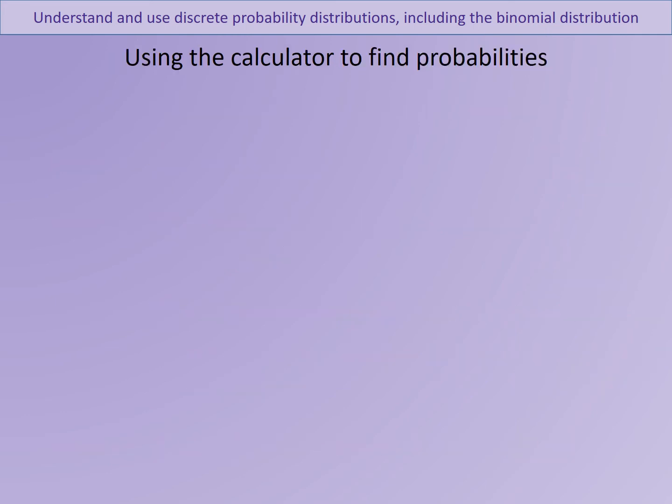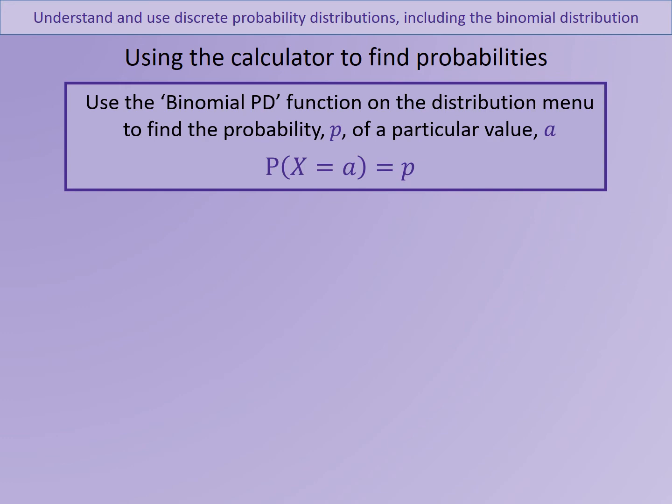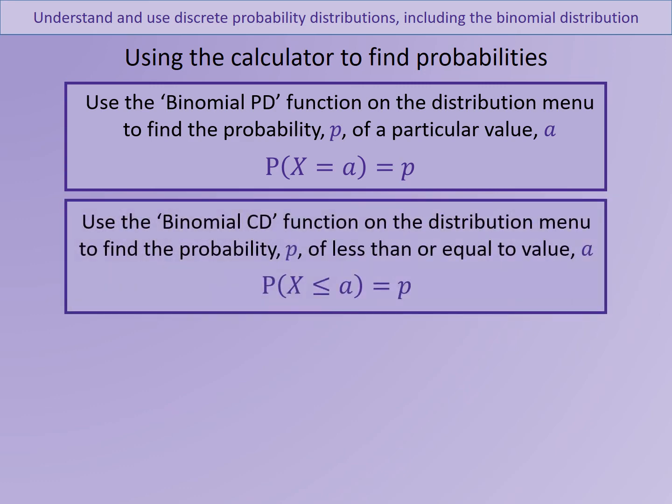When you're using your calculator to find probabilities, you do need to bear in mind the different type of question that may be asked. In general, you'll be using the binomial PD function if you have a question of this form, the probability of x being equal to a. So it's an equals that you're looking for there. You would use the binomial CD function if you have an inequality within that bracket, but there are ways in fact that you could use the PD function even if you do have a less than or a greater than symbol.